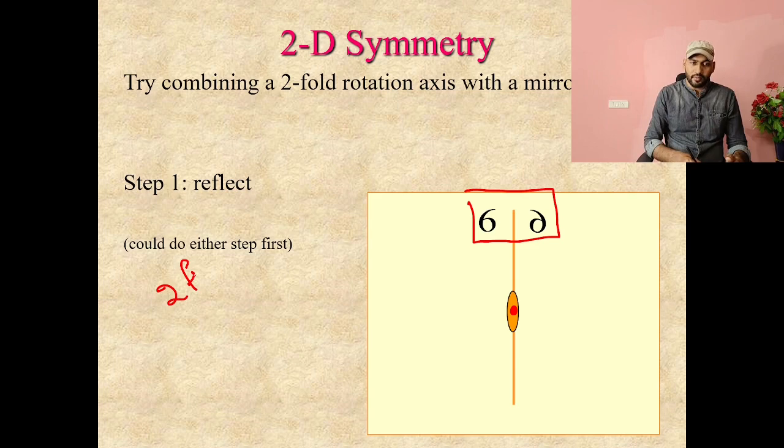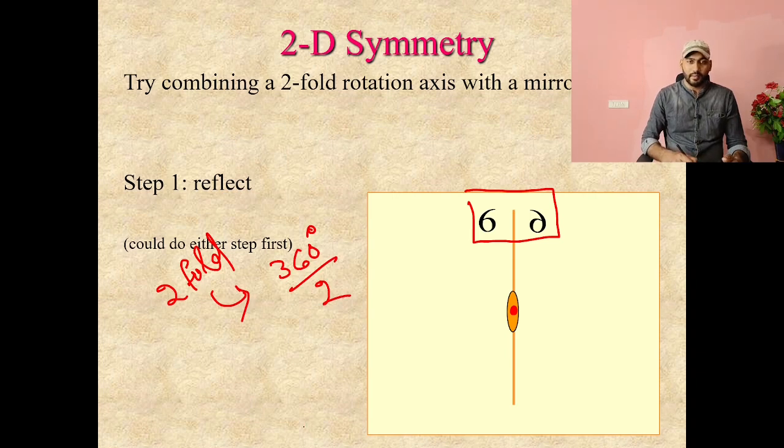Twofold rotation means in 360 degrees it has to appear twice. That means at each 180-degree rotation we will find an identical structure or motif or face or edge. So this entire structure has to repeat after 180 degrees.